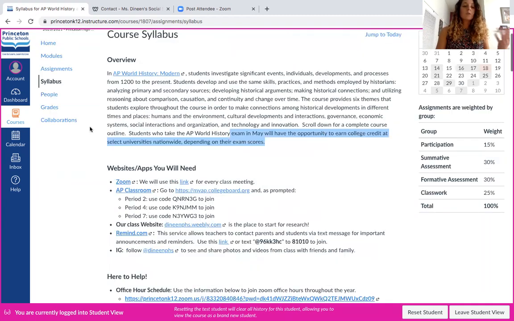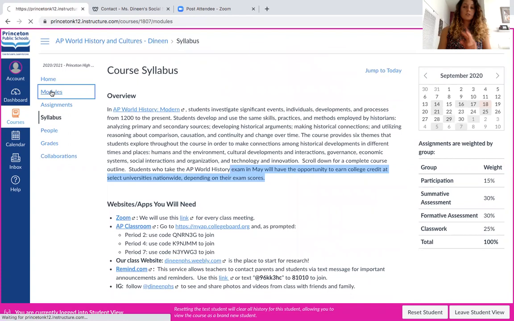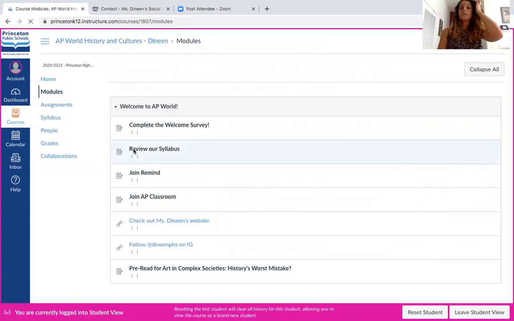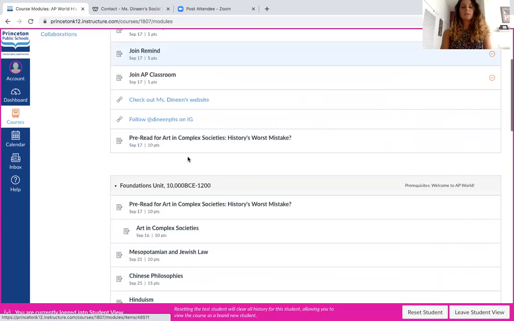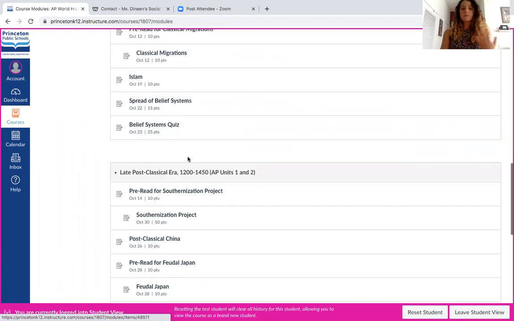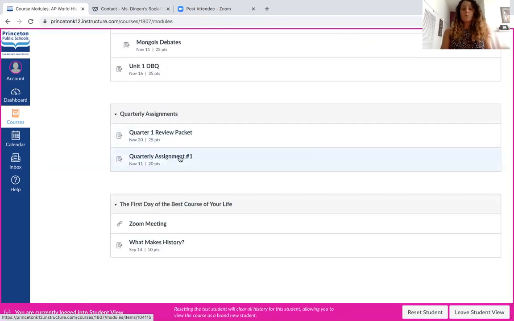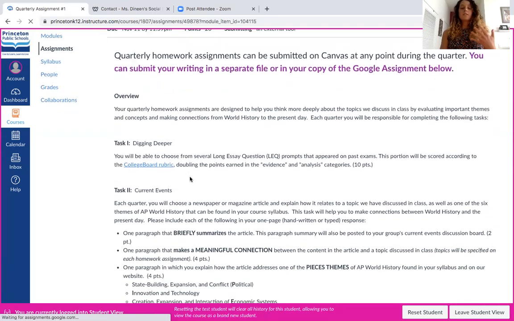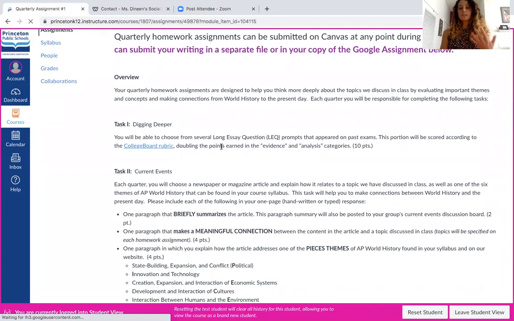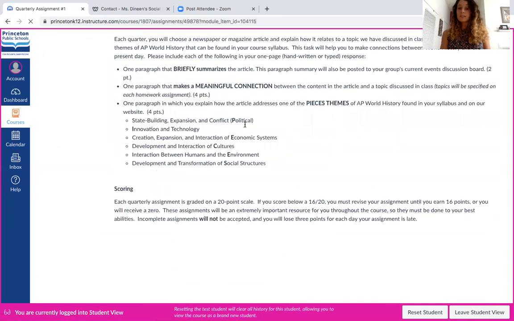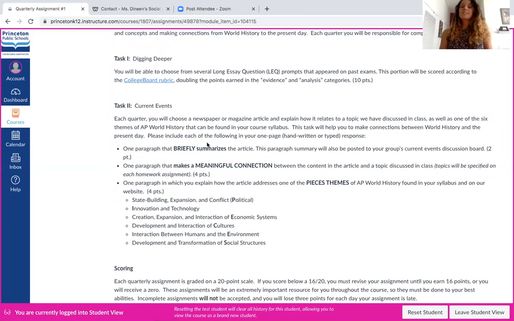Now, speaking of that quarter model, there are 2 assignments that students have each quarter that they complete at their own pace, on their own time. Quarterly assignment 1 enables them to engage with an aspect of history that's interesting to them on a deeper level. And there's also a current events write-up. This is my favorite part.